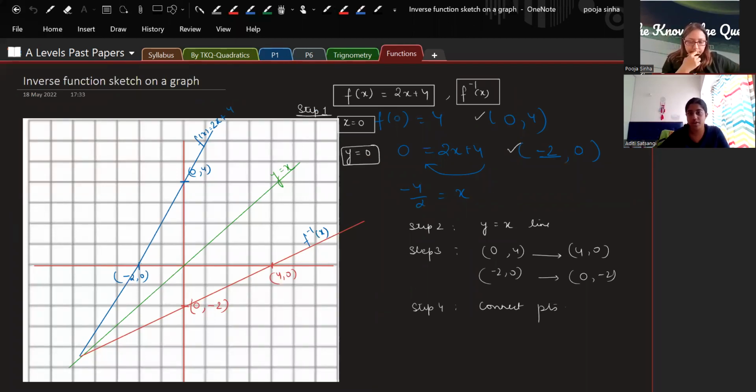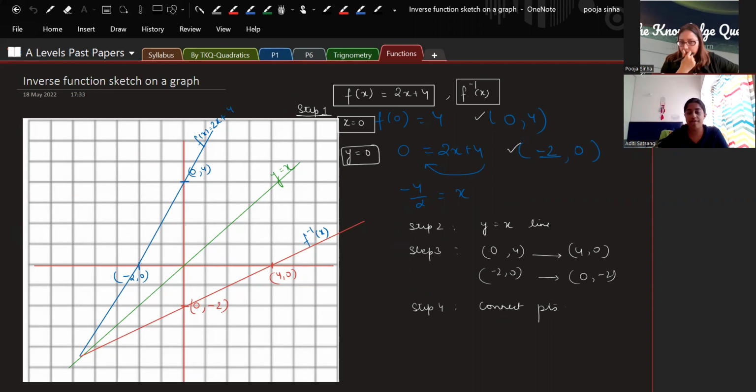Firstly, when we are given a function to draw on a graph, we input x equal to 0 and y equal to 0 to get the two points for it, and then we create a line across them. Then when we come to making the inverse, we make another line, which is y equal to x, from the point of origin.